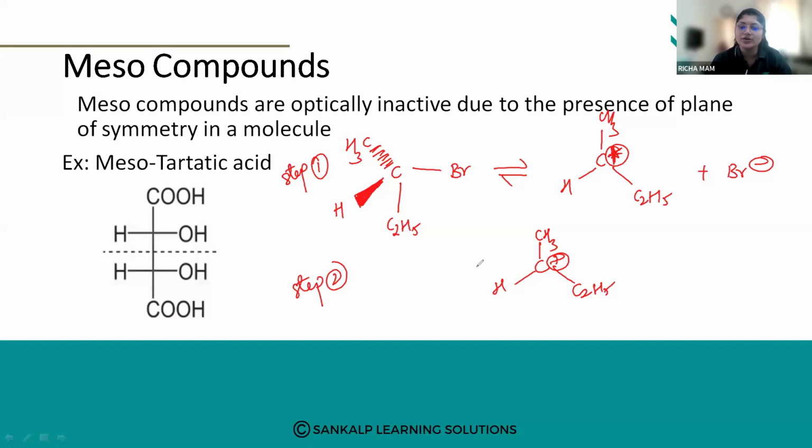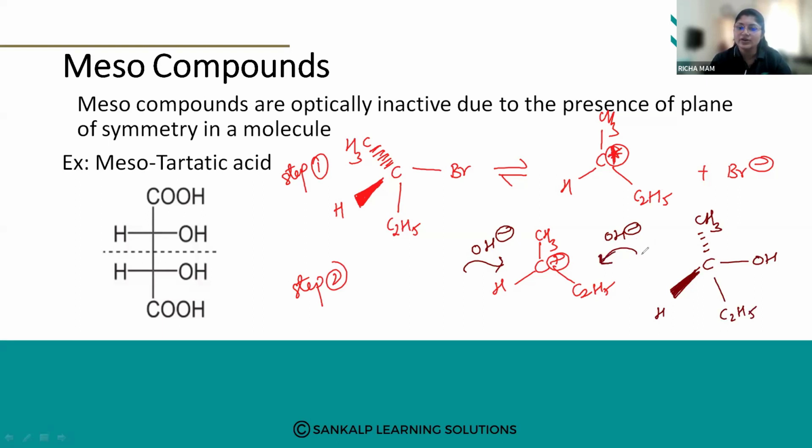The OH has attacked from behind and also from the front. When you are studying the stereochemical aspects, you will get a racemic mixture, because the attack can take place from the front as well as from behind. So these are the products obtained.